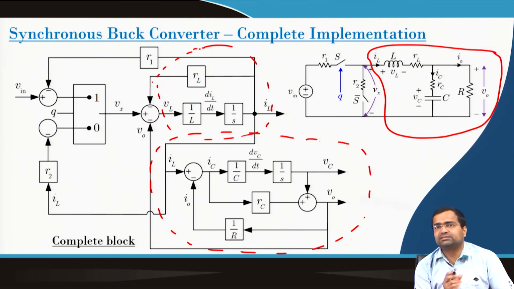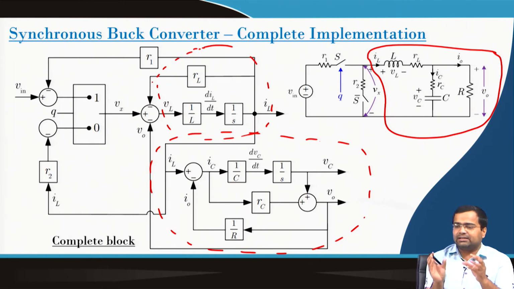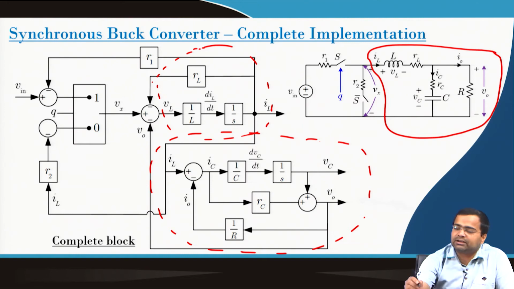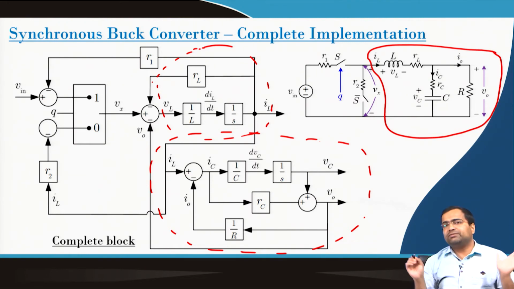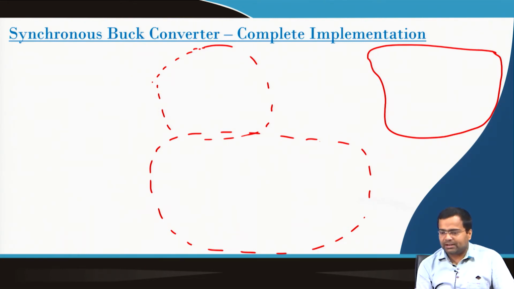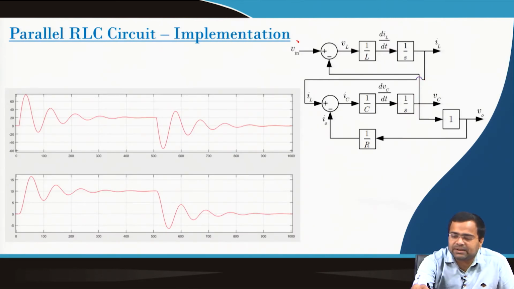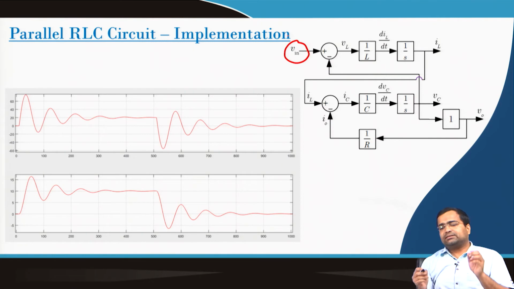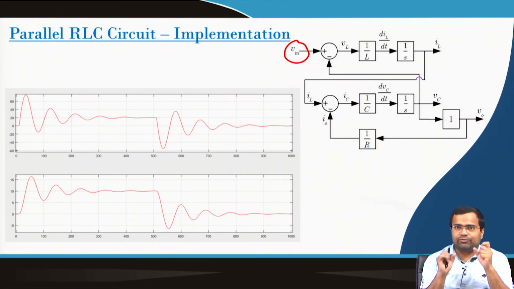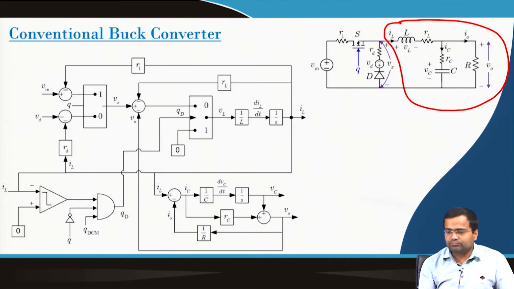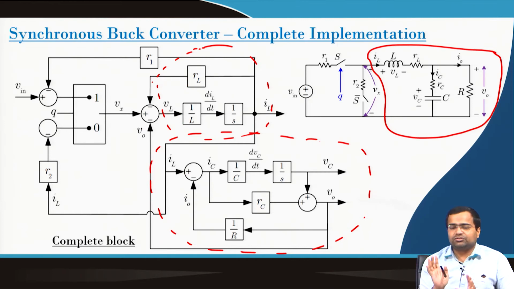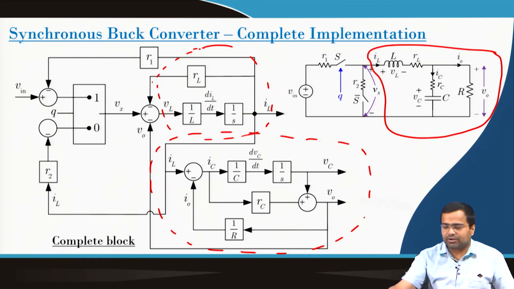It is Vx. That means, if we retain the parallel RLC branch and incorporate this Vx, then our job is done. That means, if we go back in this block, we want to replace this V in with Vx, that is, the switching voltage, the switch node voltage. So, our job will be done using this block.